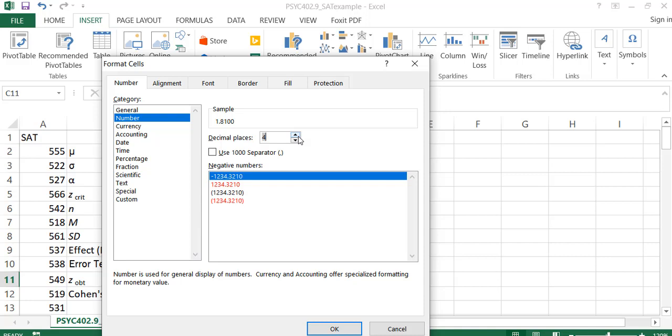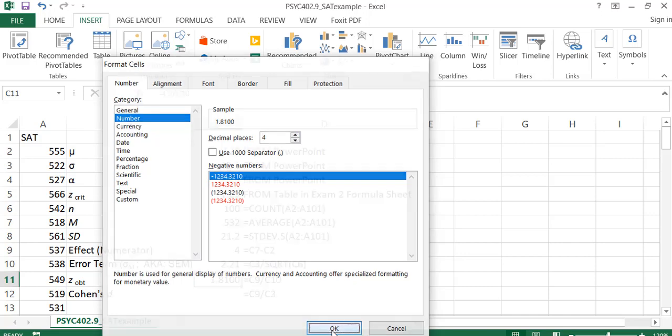On some level, keeping those additional decimal places wouldn't make any difference in our calculations moving forward, and in fact we don't use Z obtained to make any calculations. The only thing we use it for is the decision, and it won't make a difference either way. But keep in mind, typically you would keep 4 decimal places and then report 2 decimal places whenever you are doing this. So for consistency, we're going to go ahead and keep 4.